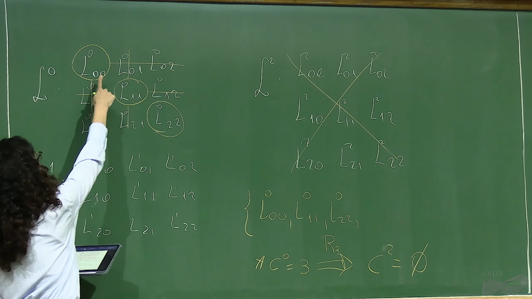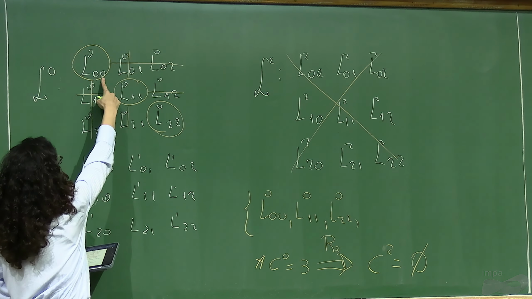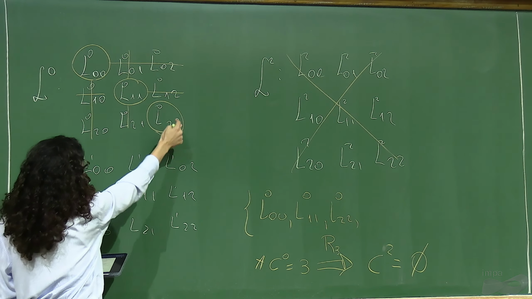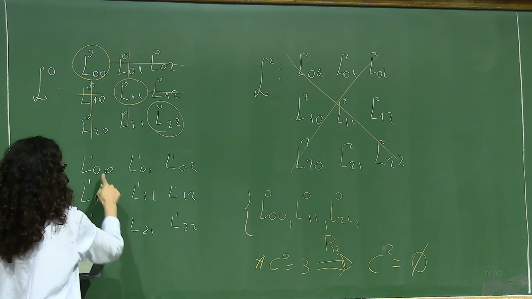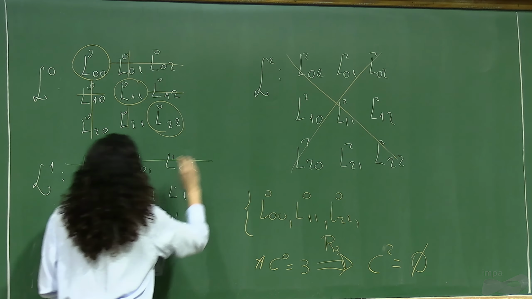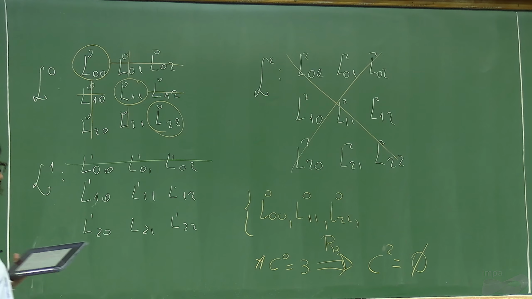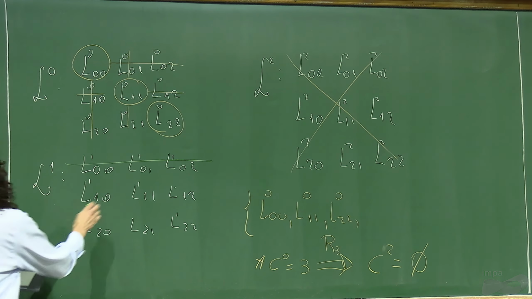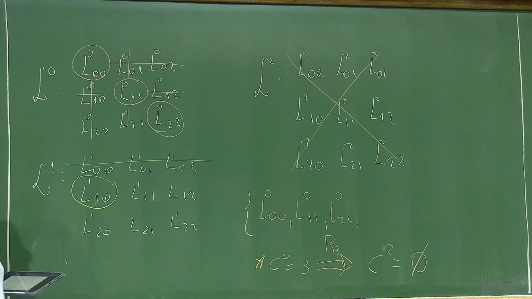So here we have 0, 1 minus 1 will be 0, 2 minus 2, 0. So we eliminate this line. Let's choose this line here.